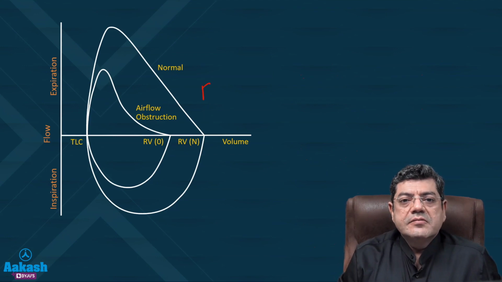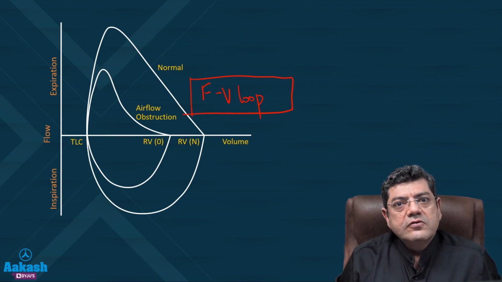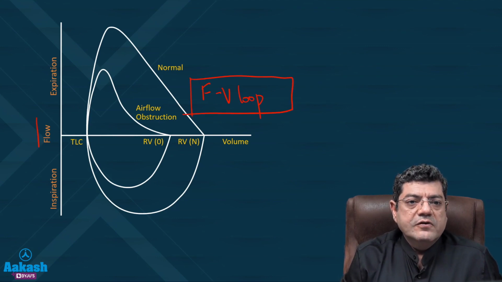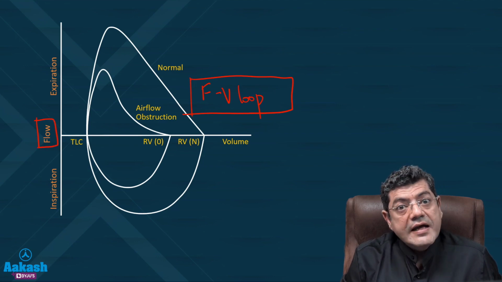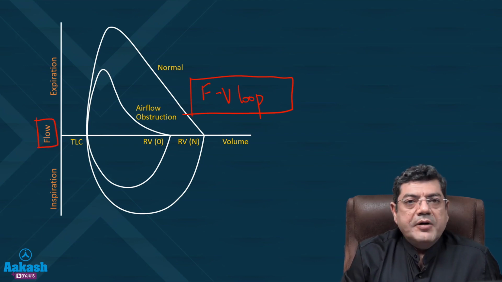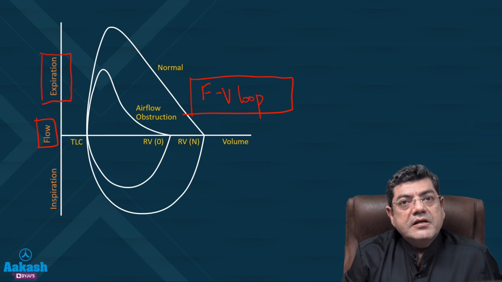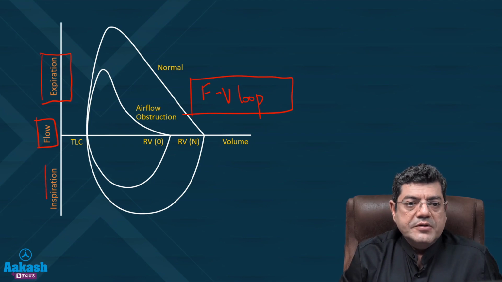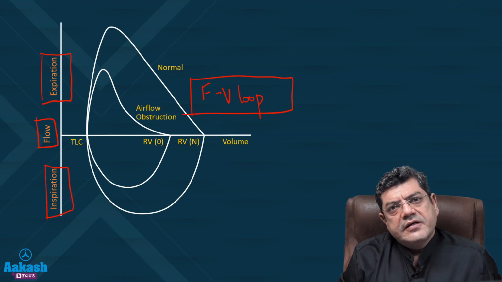You've seen this previously, you've heard of this, you've probably read about this. So, this is the flow volume loop. Notice that flow is recorded along the y-axis. The part of the y-axis above the x-axis records the expiratory part of the maneuver. The part of the y-axis below the x-axis records the inspiratory part of the maneuver.